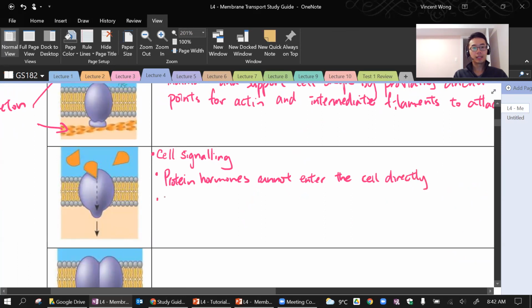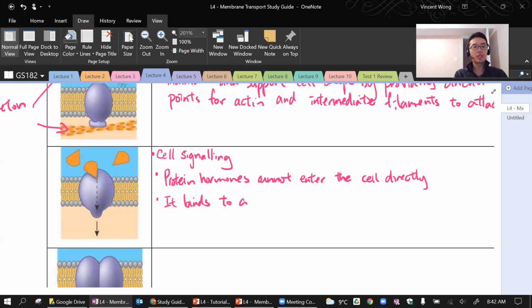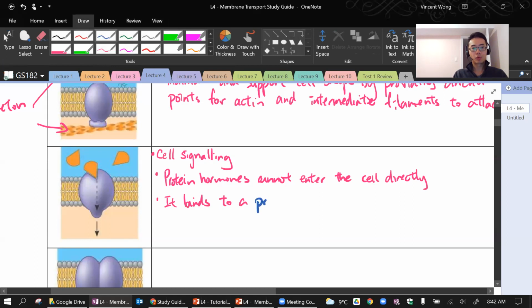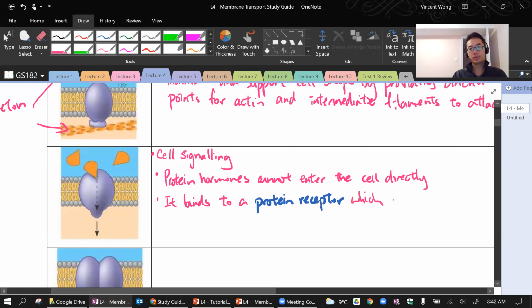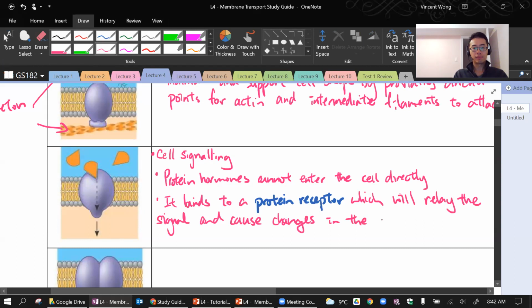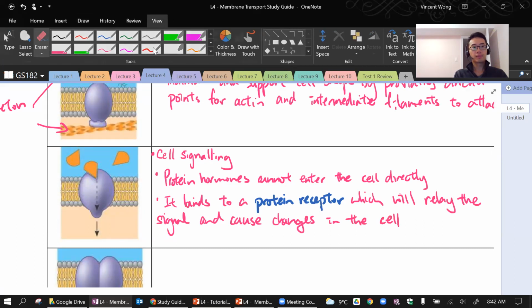They bind to a protein receptor, which will relay the signal and cause changes in the cell.